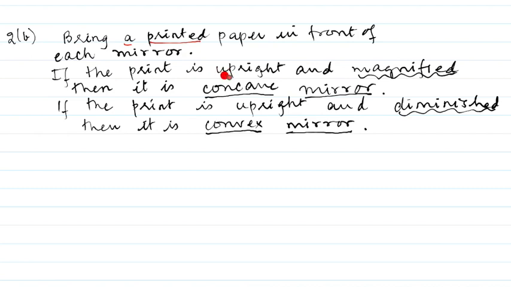If the print is upright and magnified, then it is a concave mirror, because a concave mirror gives a magnified upright image when the object is between the principal focus and the pole. If the print is upright, but diminished, then it is a convex mirror. Why? Because a convex mirror will give a virtual diminished image of any object placed in front of it. Did we touch it? No. So this is our answer.